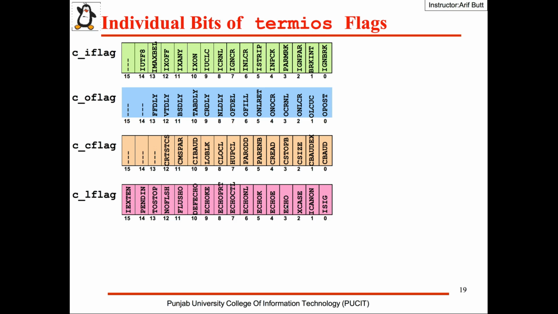So if this contains a 1, that means echoing is on, and if this location contains a 0, that means echoing is off. Similarly, over here, if this position contains a 0, that means it is in non-canonical mode, and if we have a 1 over here, that means we are in canonical mode.